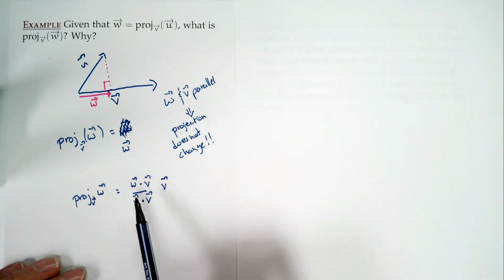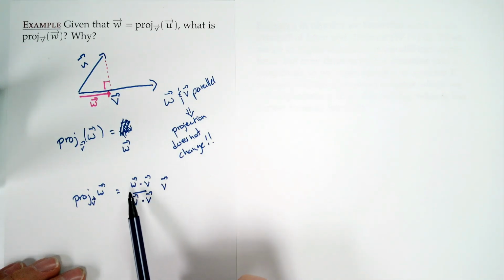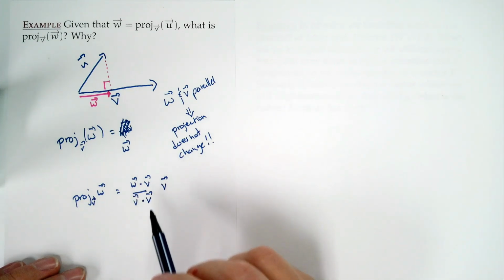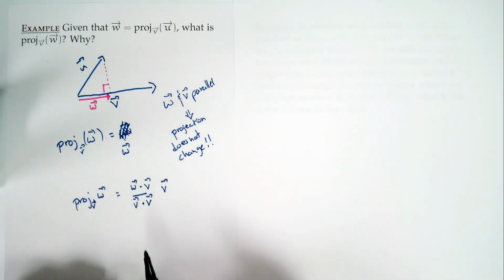Now, what do we know? W and V point in the same direction. So the angle between W and V is either 0 or it's possible that it's 180. Let's assume it's 0, just for simplicity.